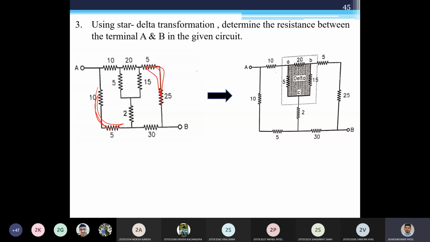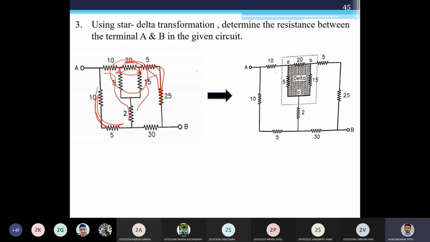This part is in series, this part is also in series, but here you cannot consider either this or this. So this resistor is always questionable, and I am not directly solving series parallel because this is a delta. You can see this is the first node, a second node, and a third node here.